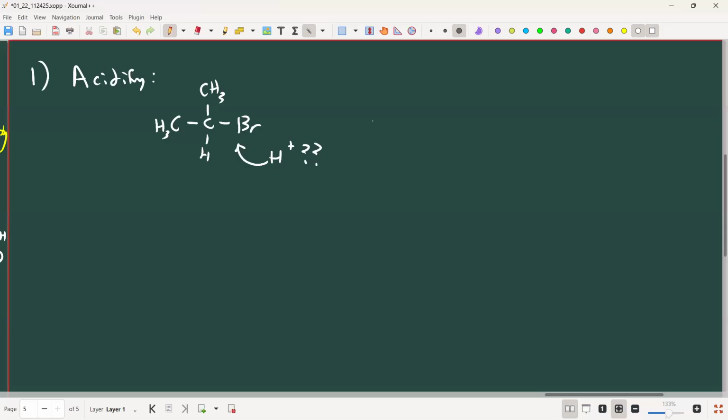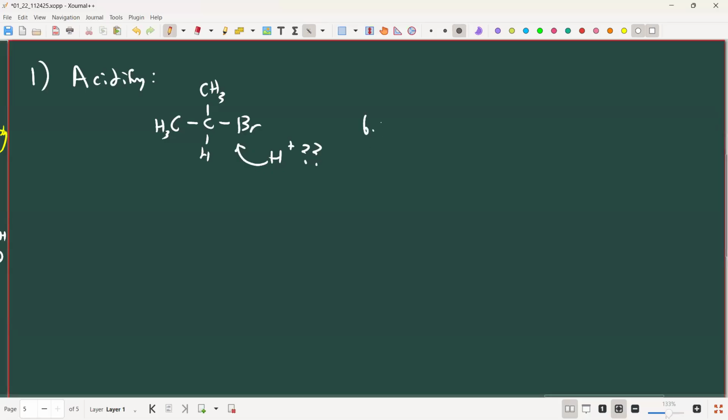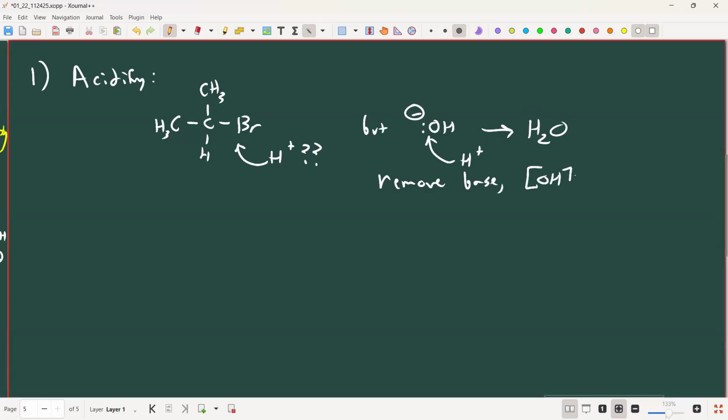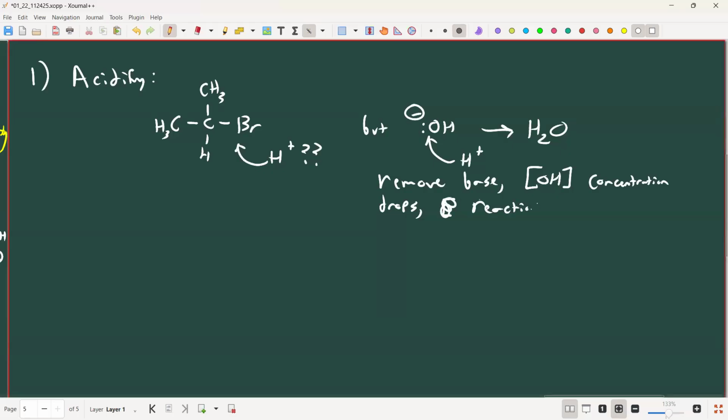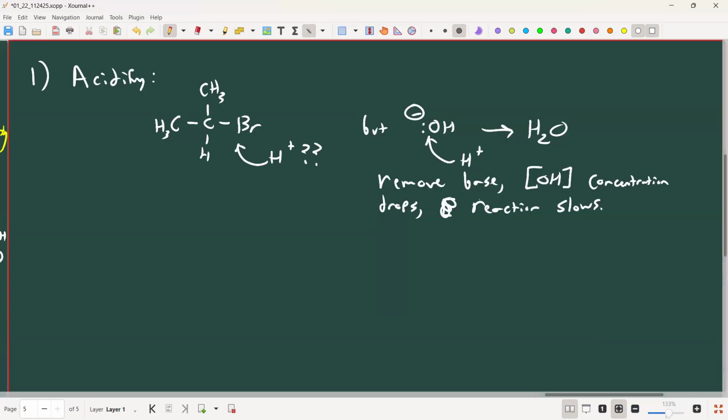Well, maybe it could go on the OH, but we also have OH. And of course, if we bring H plus in here, we're just going to make H2O. And now we just remove the base. So the reaction goes slower. So that doesn't work.